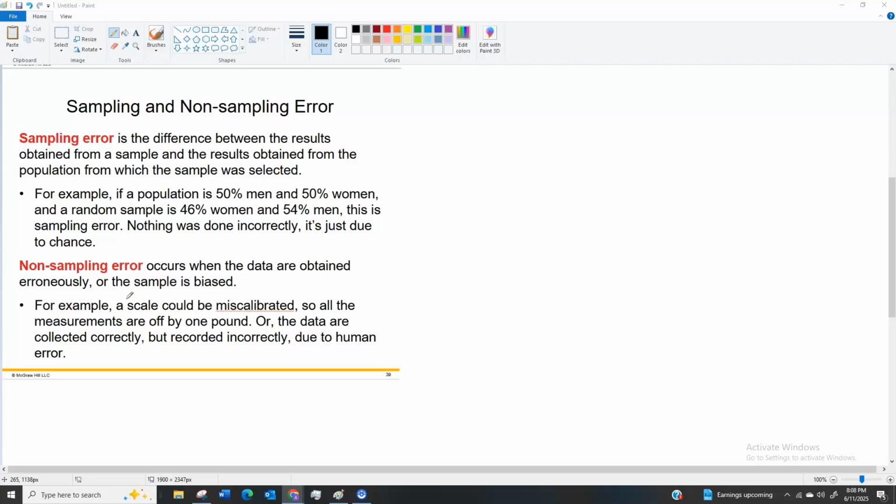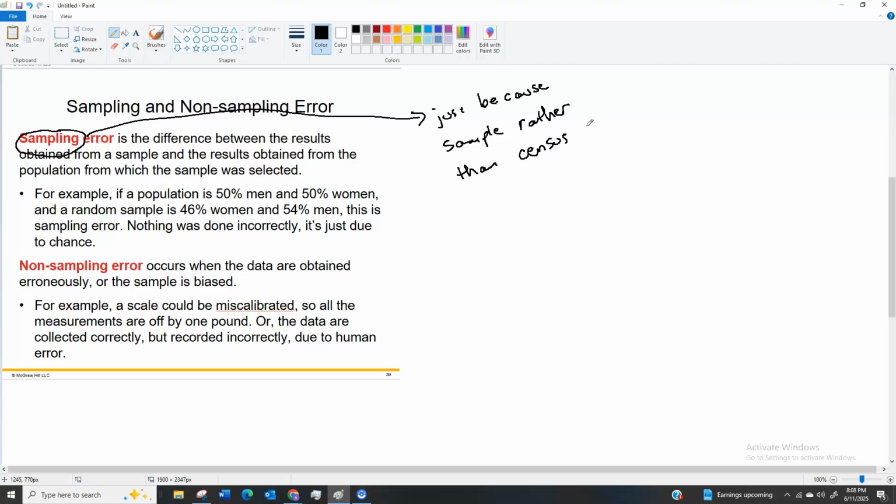So the sampling error occurs just because you're using a sample rather than taking a census of the entire population.